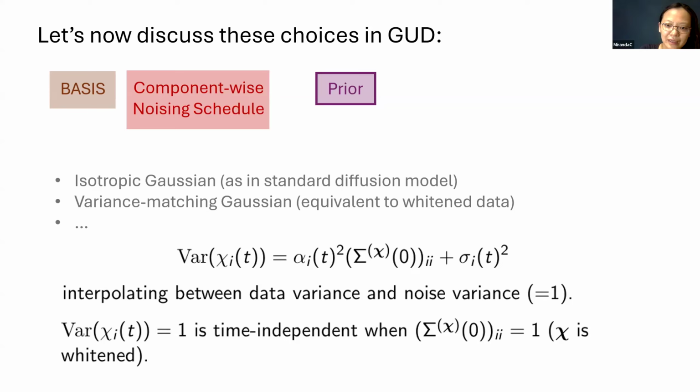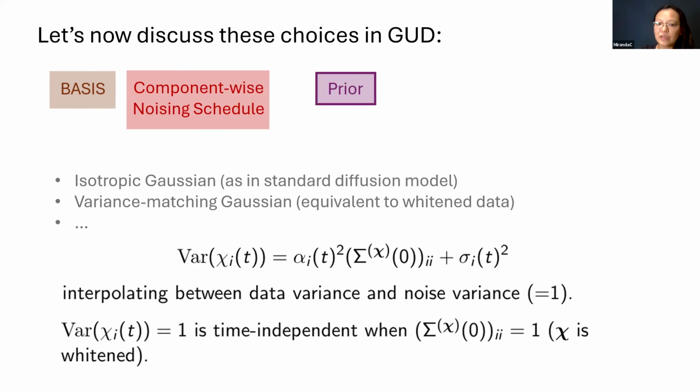What you can actually choose is to rescale your data such that the data variance is one, by choosing your scaling transformation S such that the variance is really constant throughout time.